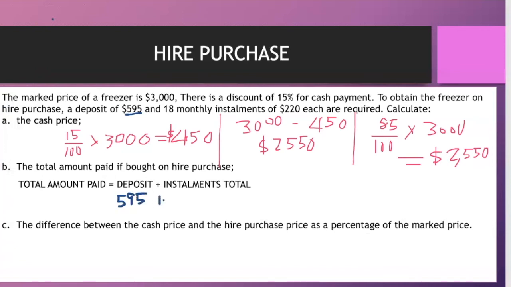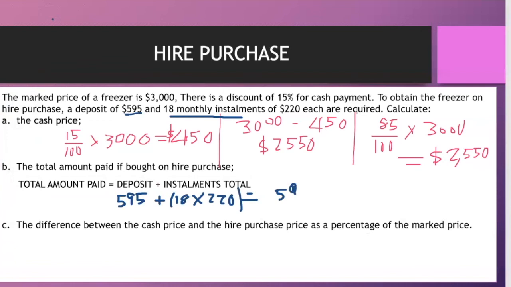While for my installment, I have 18 monthly installments of $220. So the total installment will be 18 times $220. Calculating this, I will get 3,960.